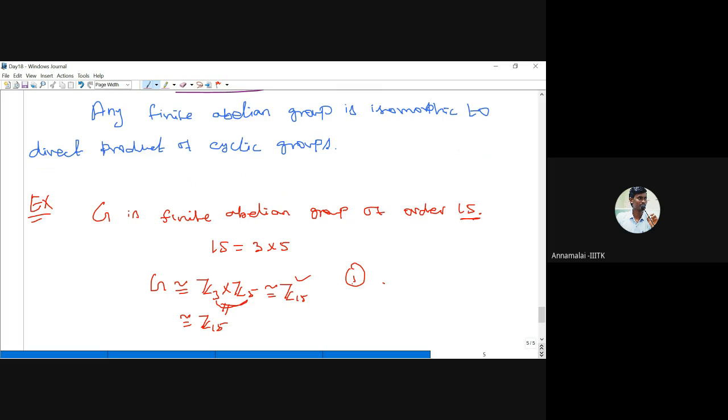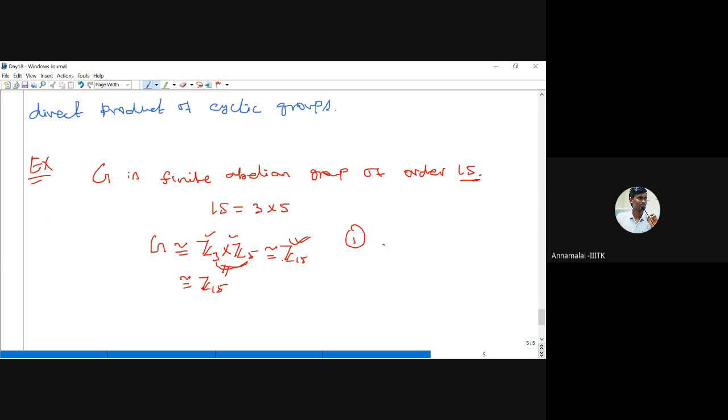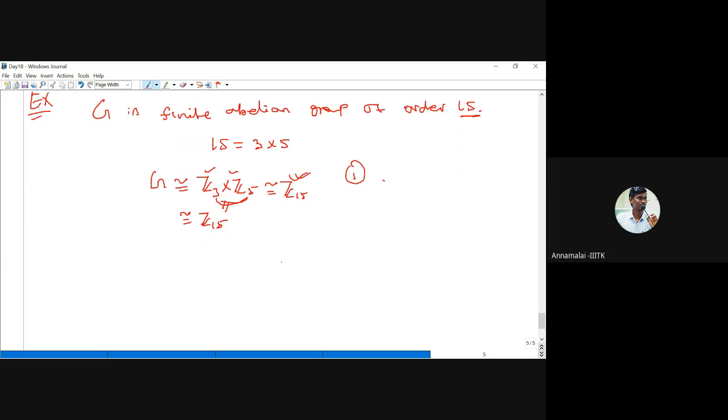The only form is this one or this one, and both are isomorphic. For order 15 we have two cyclic groups: Z3 cross Z5 and Z15.